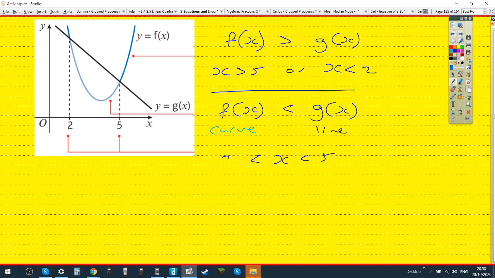That's it. Another way to say it is to flip these two: x is less than 5 and x is greater than 2. Those two can be put together. Bigger than 2, smaller than 5, so between 2 and 5. One more thing: when is f(x) equal to g(x)?